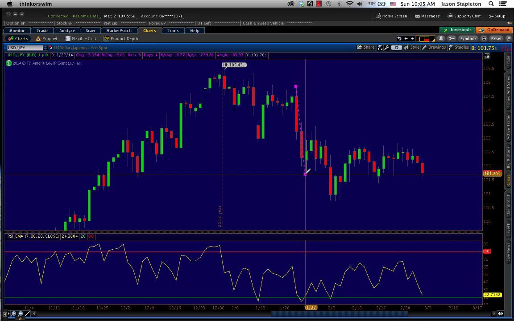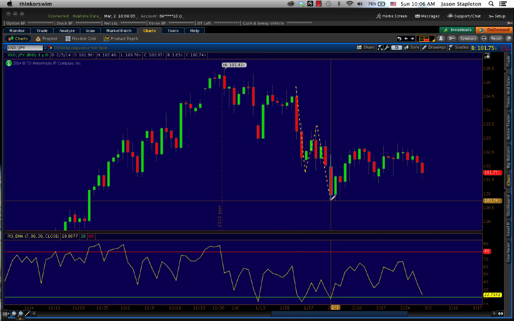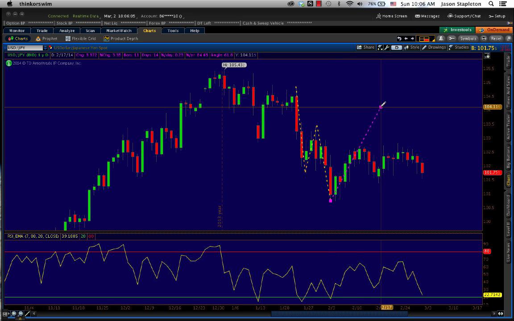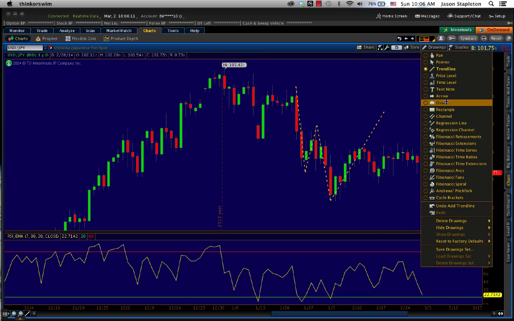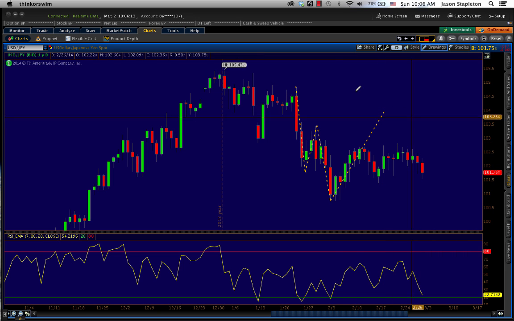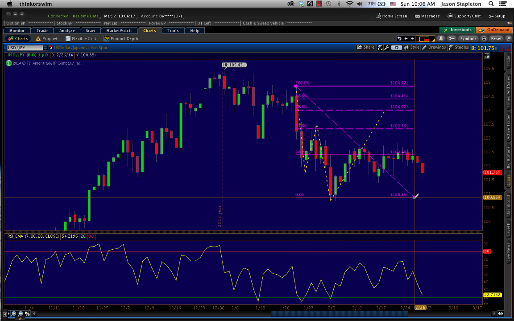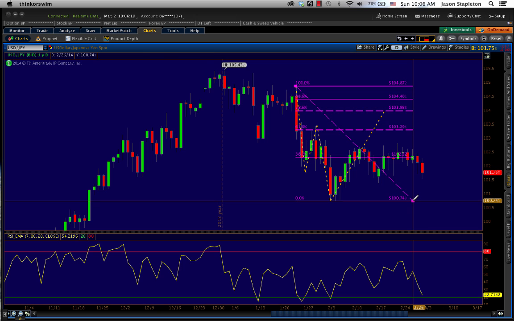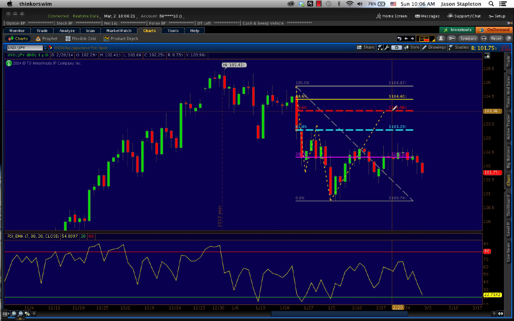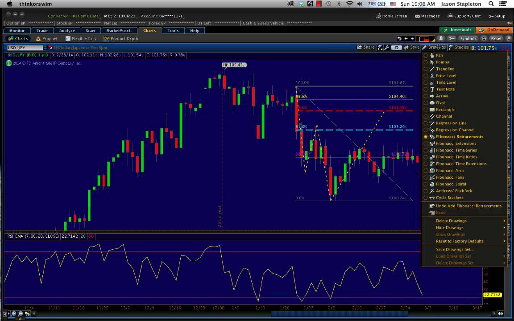To there, and we go back to there, and then it breaks down, and then the market breaks back up. Now we haven't broken back up yet. The 786 is going to come in somewhere around there. Draw the Fibonacci retracement in, swing high to swing low.